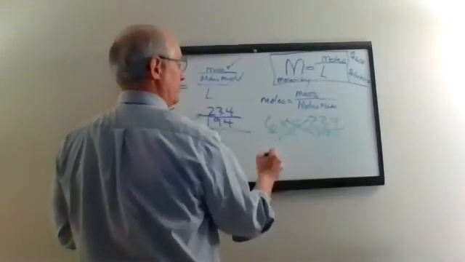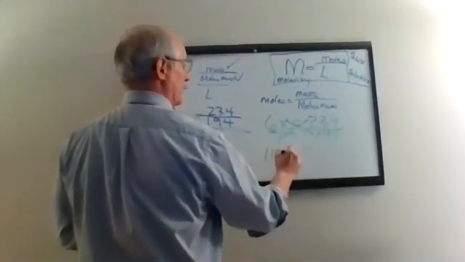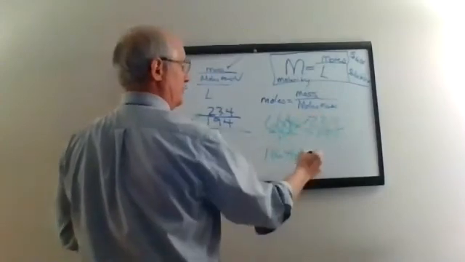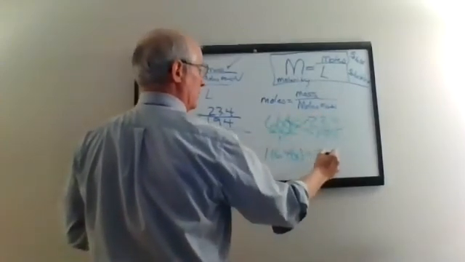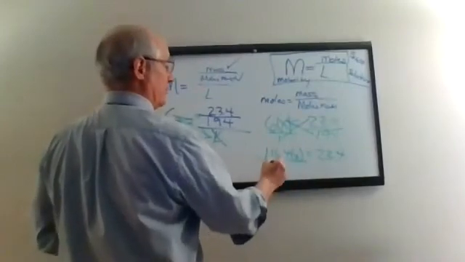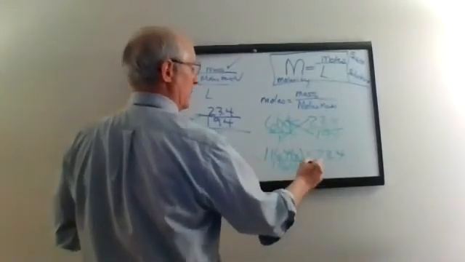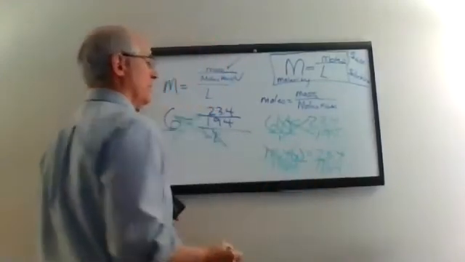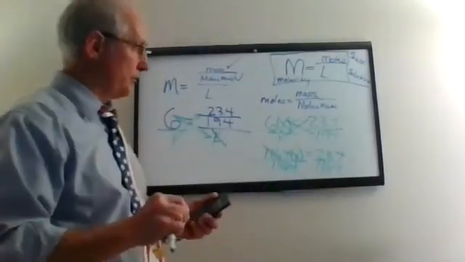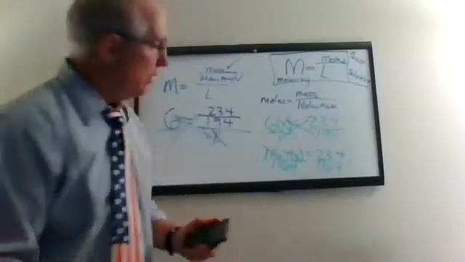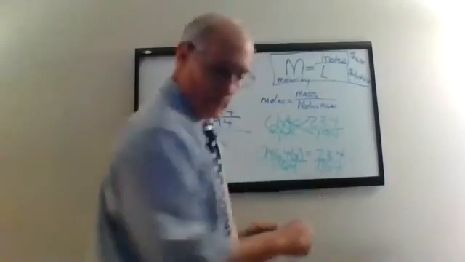That's 1164x is 23.4. Now you're going to divide both sides by 1164. And you're going to get X is 23.4 divided by 1164, which, what is it?